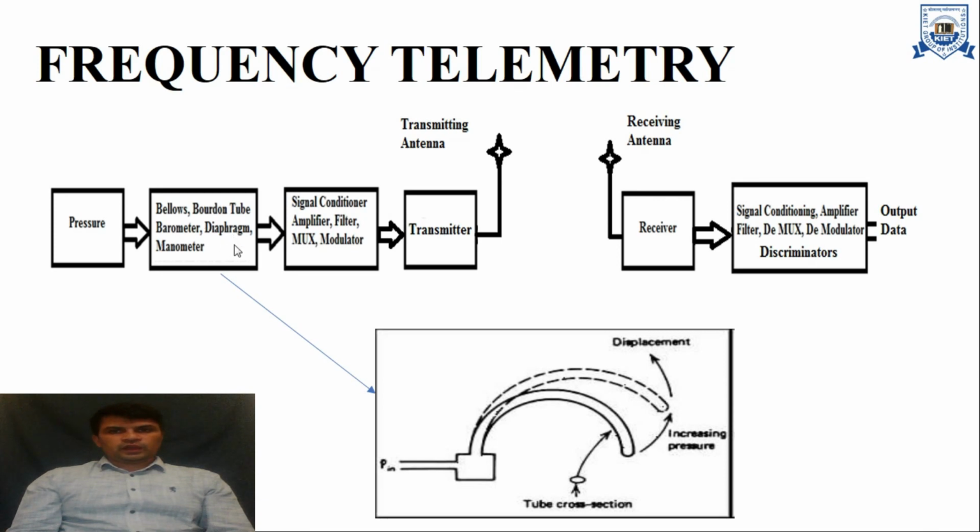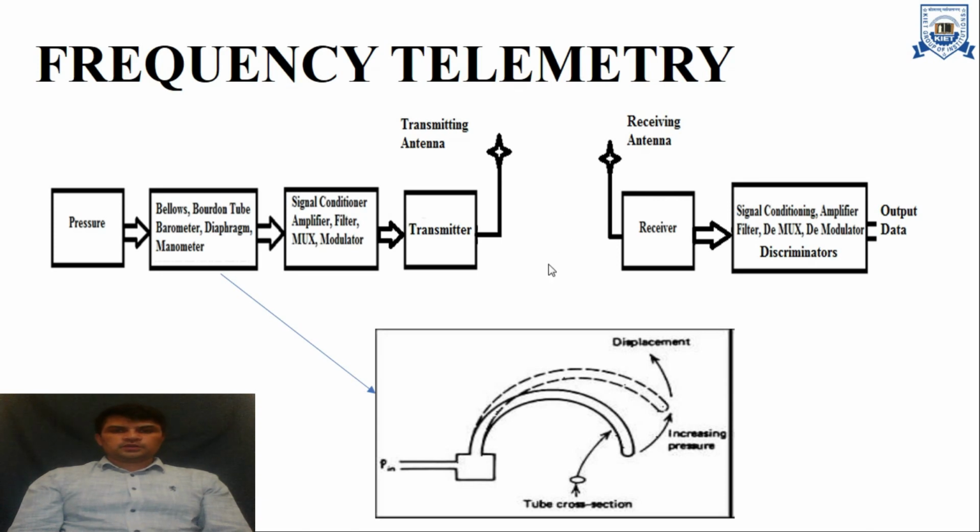When it gives me variable frequency, there are signal conditioners: amplifiers, filters or multiplexers and modulators. These are the parts of signal conditioners. Then it will be transmitted by a transmitting antenna through a wired channel or wireless channel.